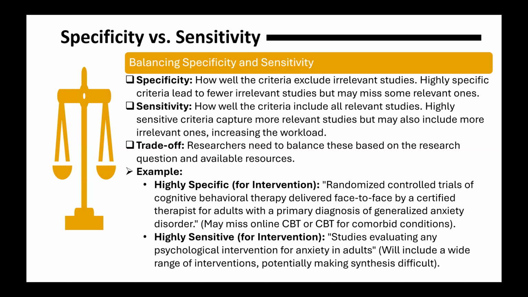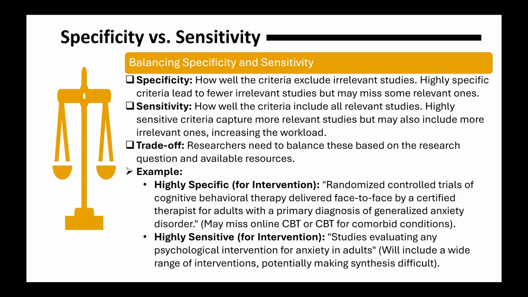An example that I gave here is a randomized controlled trial of cognitive behavior therapy delivered face-to-face by a certified therapist for adults with a primary diagnosis of generalized anxiety. This is very specific. What is likely going to happen is that it may miss online CBT studies that delivered the same intervention online, or studies that used both face-to-face and online delivery combined.